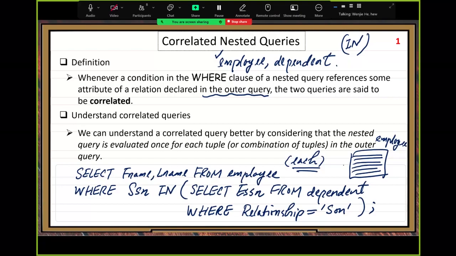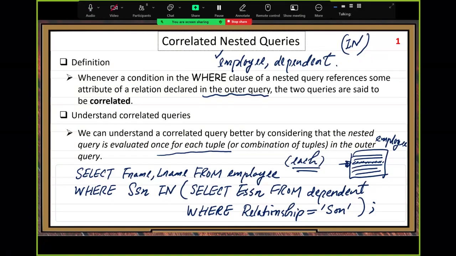Every time we take one employee, that is in the outer query. After we take that tuple, we fix it. As soon as we select a tuple in the outer query, we fix it, then we get into the inner query.